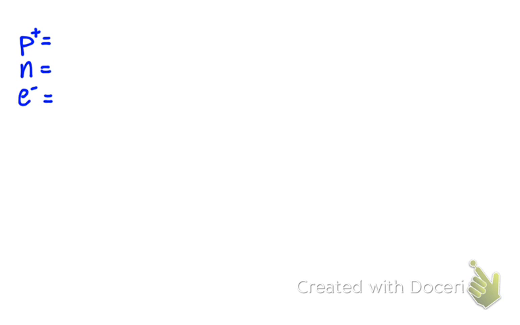So let's do fluorine. Fluorine is just an F, so you're going to have to locate that on the periodic table. I want you to do scandium, which is Sc. So I want protons, neutrons, and electrons.